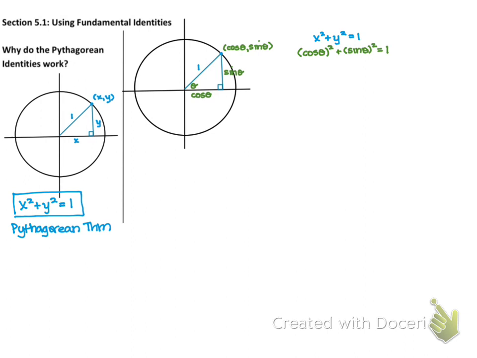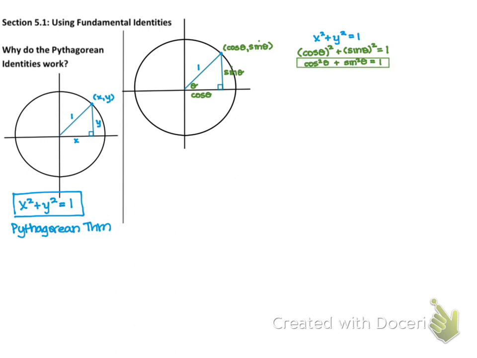Theta is staying the same. It's actually the cosine that I'm squaring. So it's cosine theta times cosine theta. It's actually cosine squared theta plus, same rationale, sine squared theta. This is going to be one of our Pythagorean identities. This one's going to be huge for us. We're going to use it a ton.